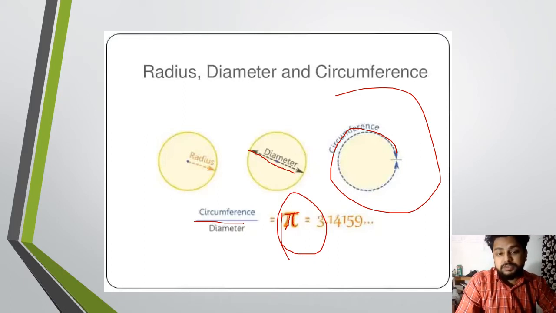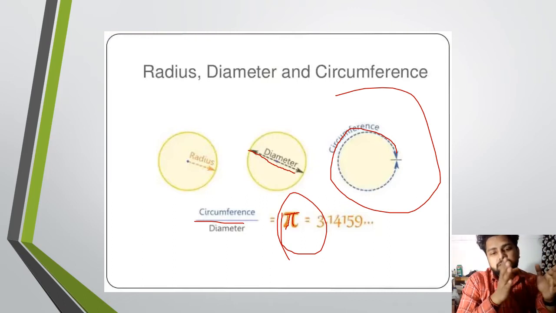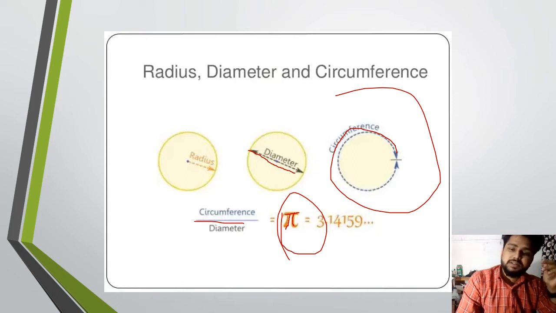So what I'm trying to say is that when we take the ratio of circumference and diameter, we get pi, and pi is a constant. The value of pi the scientists got is 3.14159, and that is an irrational number.